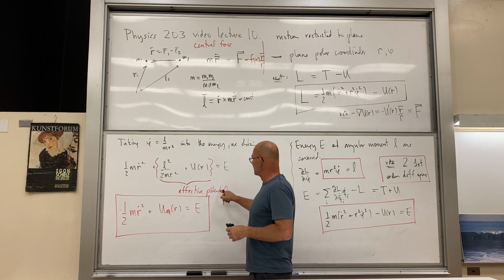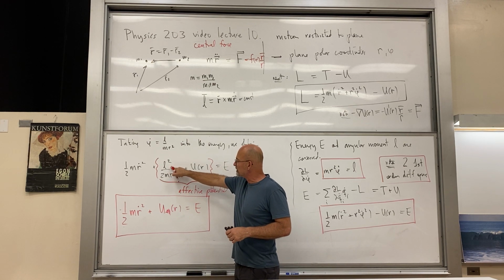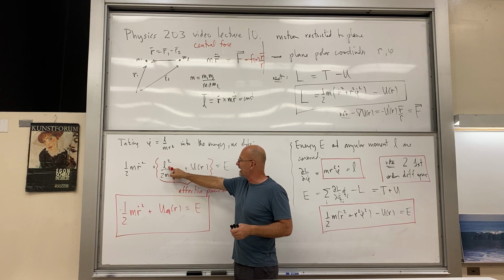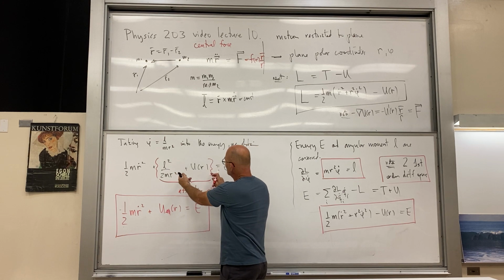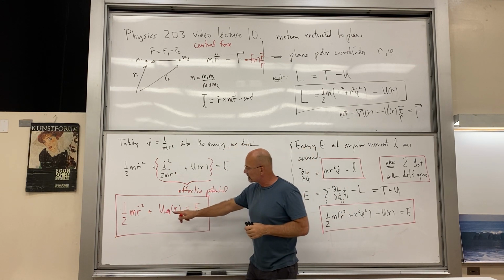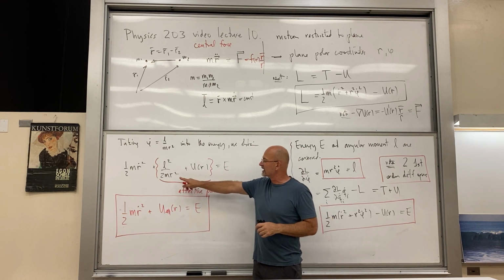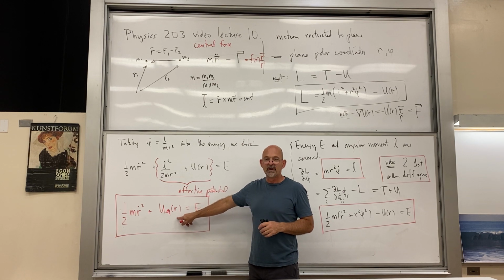So the idea with this effective potential is that if you take this term here, which came from the kinetic energy, it didn't come from the potential energy, and you just add it to the potential energy, you get a function of r, and you can treat this as a one-dimensional problem. It's still part of the kinetic energy, but formally we have a one-dimensional problem.